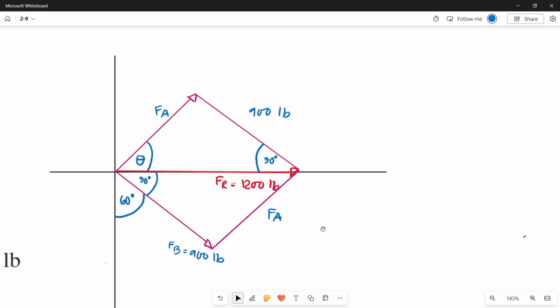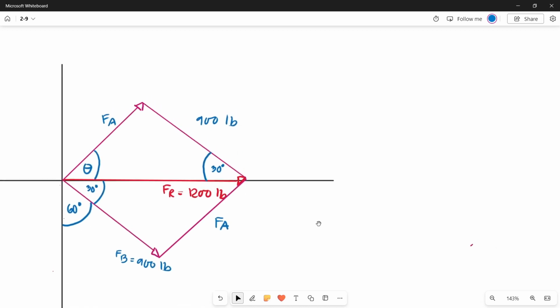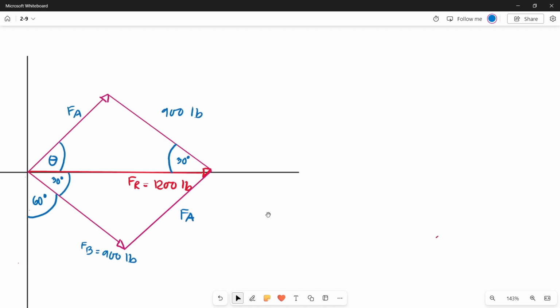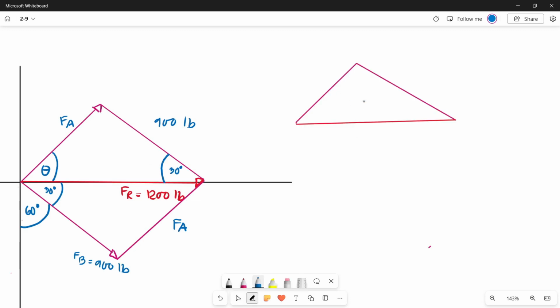Now guys, in finding the value of the magnitude of our force A guys, let us draw one of the triangles guys so that we can apply the law of sine or the law of cosine. So let's draw this top triangle guys. So this is now our triangle guys, so let's copy the values. On this side right here, this is the force B, or parallel to our force B, this is 900 pounds.